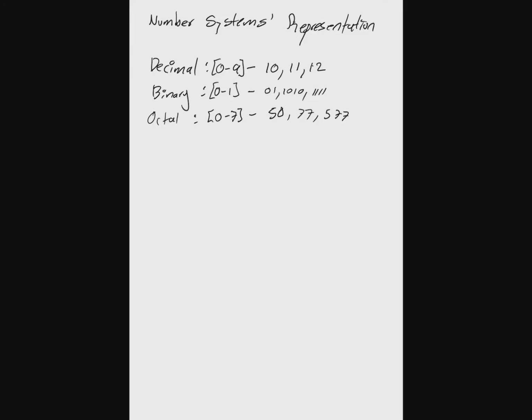Hexadecimal, we said the hexadecimal system uses numbers up to 15, but as I explained earlier in a different session, numbers between 10 and 15 inclusive are represented by letters of the alphabet. So if I use the letter A, it means 10.